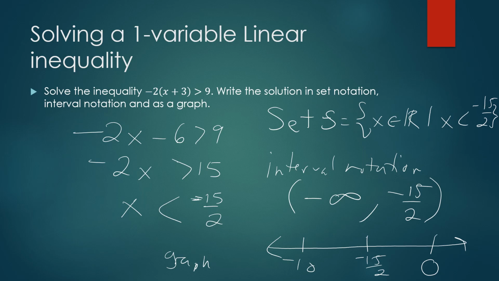This time, the endpoint is not included because of the open parenthesis, so I'm going to put an open circle at this point. But I am going less, so I'm going to color this side with a big arrow. And now I've graphed my set.